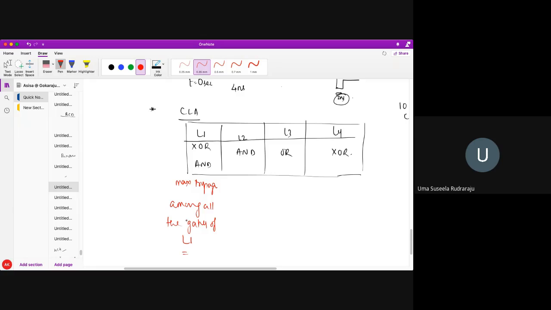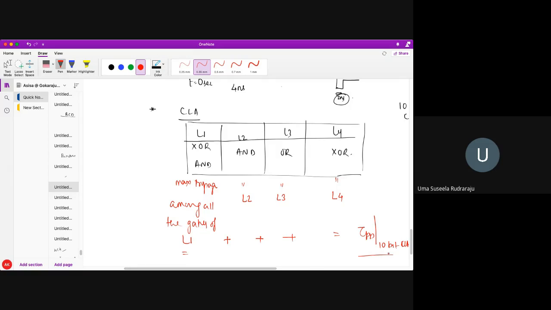Similarly, take the maximum propagation delay among all the gates of level 2, among all the OR gates of level 3, and among all the XOR gates of level 4. Calculate all these, then add everything up to get the final propagation delay of a 10-bit CLA or 4-bit CLA.